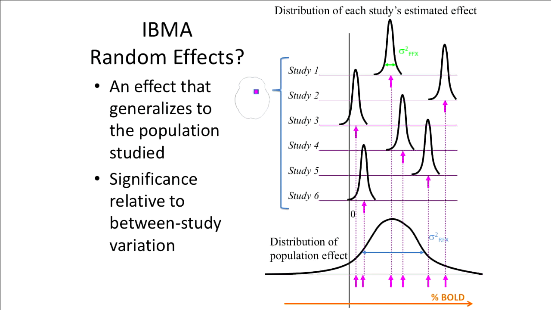When we want to make a random effects analysis, we want to make an inference that is relative to not just this relatively narrow precision, because remember, each subject in fMRI usually has hundreds, maybe 1,000 scans. So we actually have pretty good precision about each subject's response magnitude. But what matters is the between-subject variability, and that's an important aspect of a mixed effects or random effects analysis. It says, yeah, that's somewhat important, but what's really important is this subject-to-subject variability.